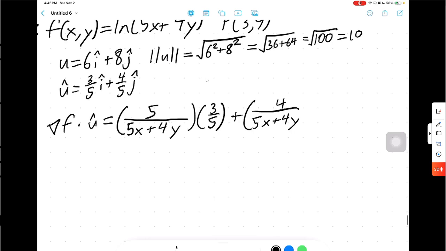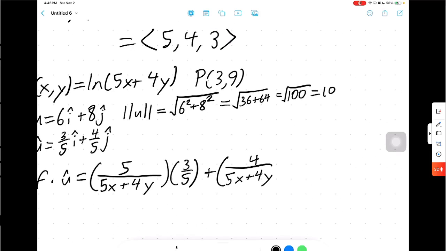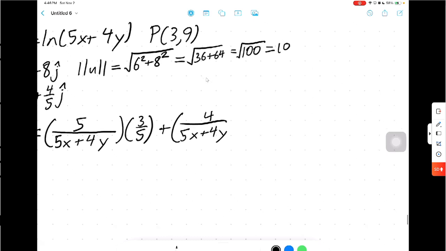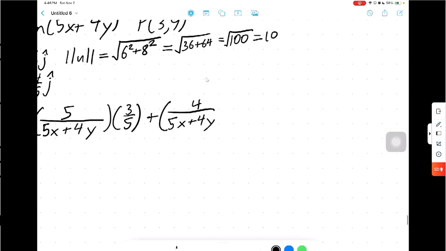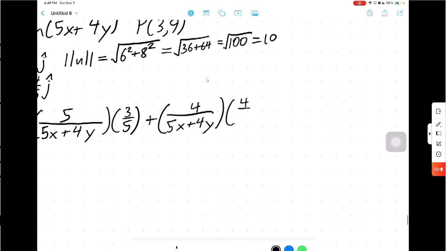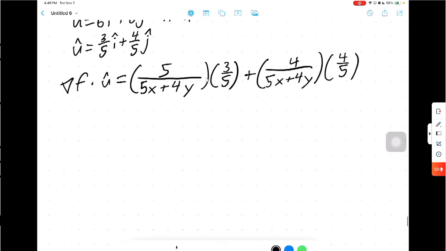Same idea: 1 over the inside times the derivative of the inside times 4/5, which is equal to 3 over 5x plus 4y plus 16/5 over 5x plus 4y.